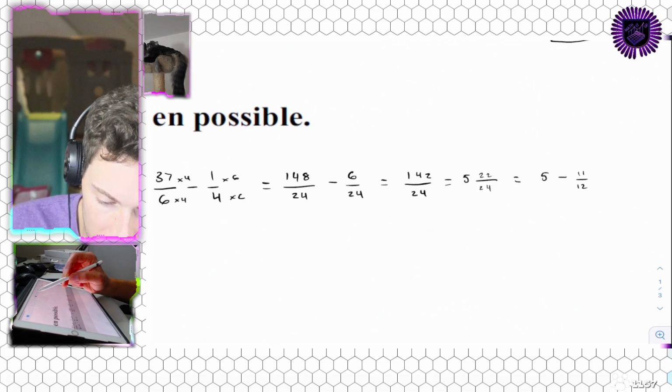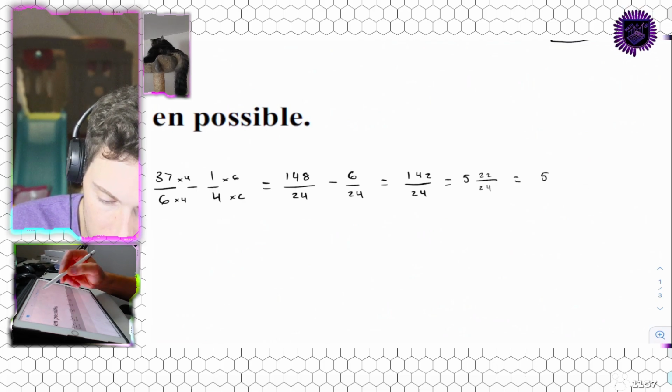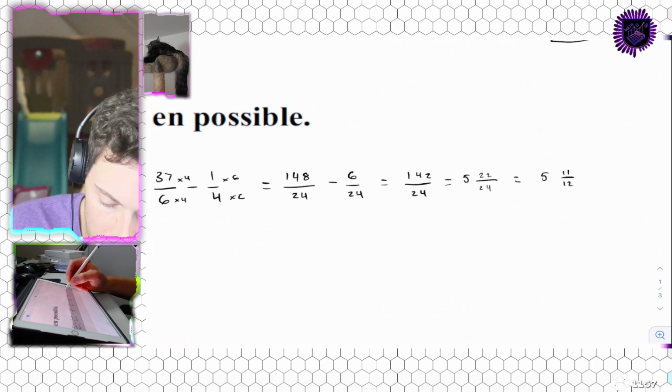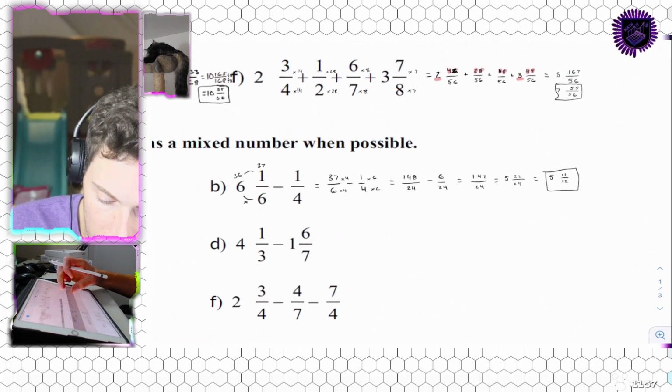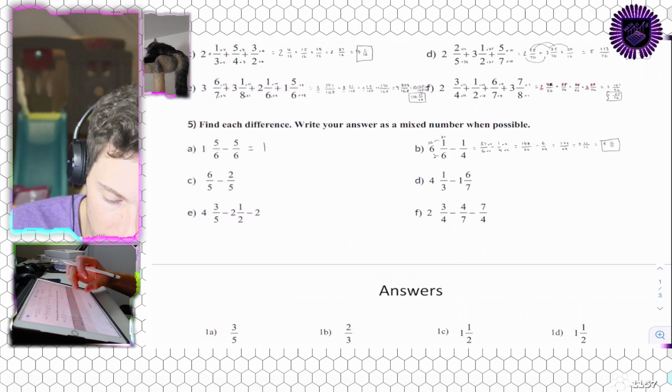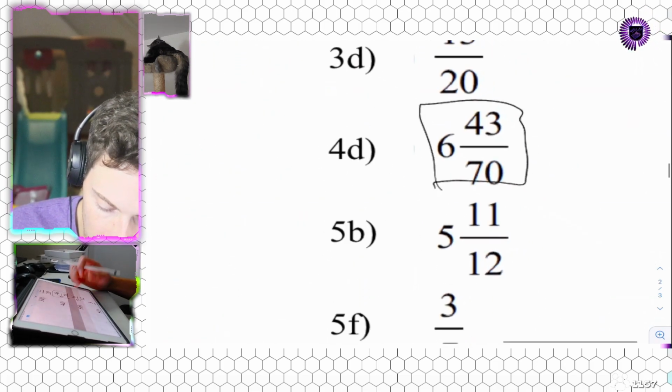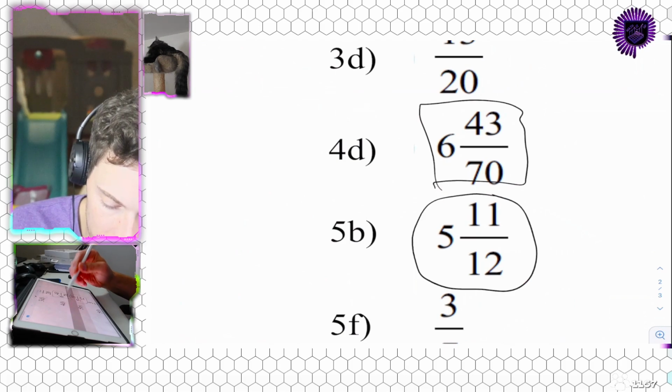Oops, not minus. 11 twelfths. 5. Let's just rewrite that. 5 and 11 twelfths. That's my answer. And let's check that answer. 5B. 5 and 11 twelfths. Decent.